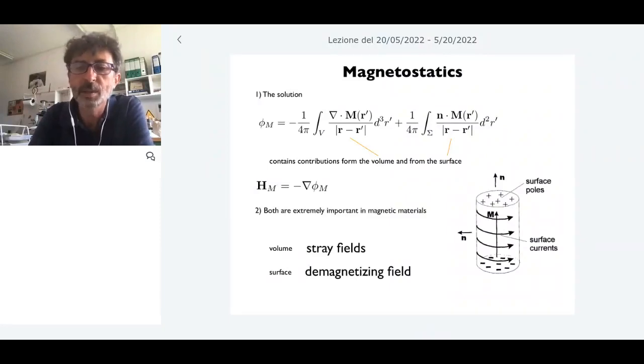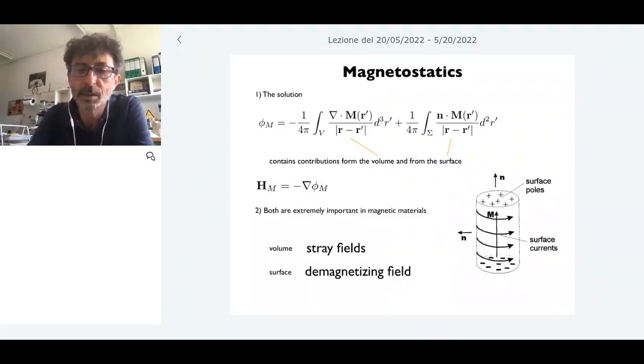The fact that the magnetization passes from a certain magnetization inside the material to zero outside is called the demagnetizing field. Both are extremely important, and we will return to this magnetostatic field in several lectures in the following. So remember this quite well.